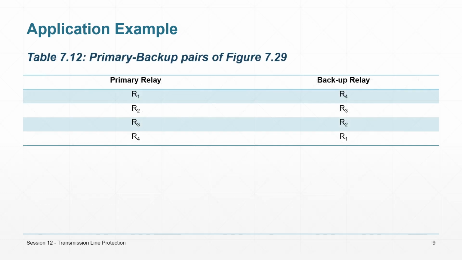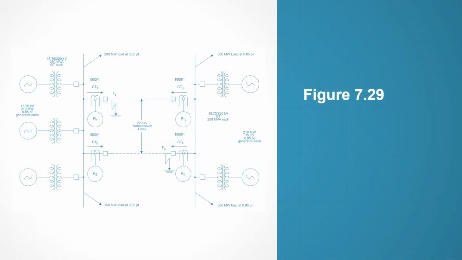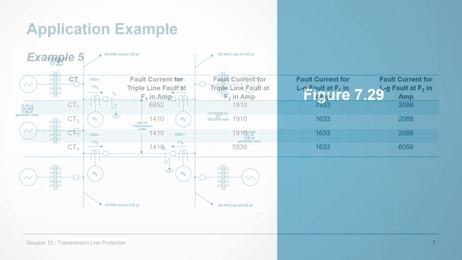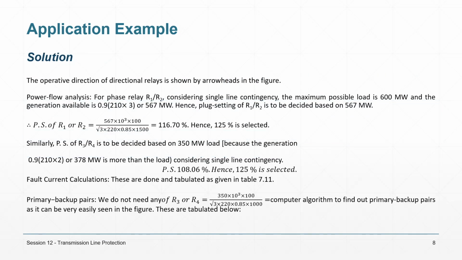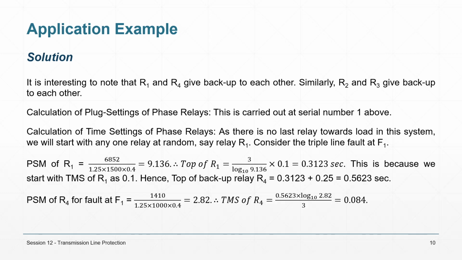For phase relays, what is the time of operation? The currents are given: 6852. 6852 divided by 125% of 1500 is the CT ratio, times 0.4, because the plug setting reduces to 0.4 times as the fault has occurred. 9.136 is the PSM.